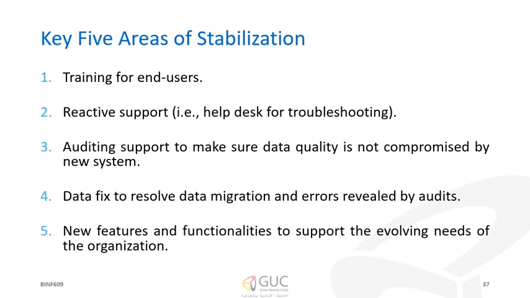The 5 areas of stabilization include training for end users, reactive support, auditing support to make sure data quality is not compromised by the new system, data fixes to solve data migration and errors that are revealed by audits, and finally new features and functionalities to support the evolving needs of the system.